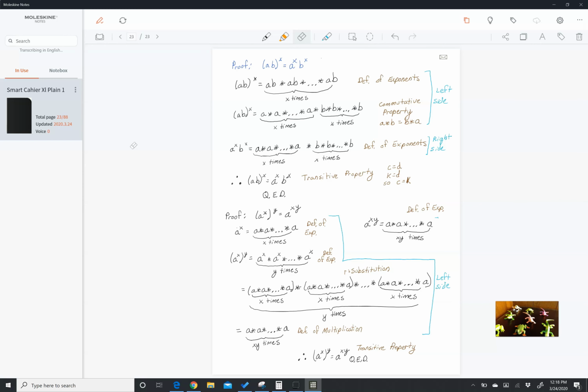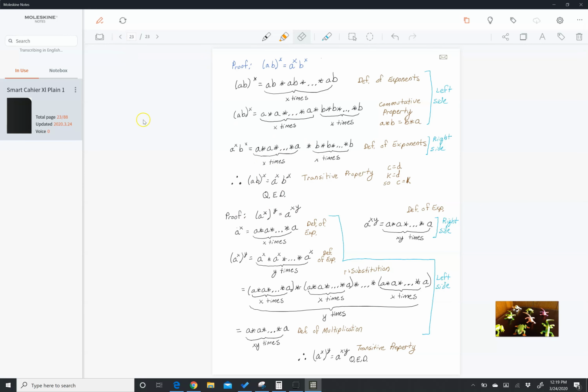And this small section here was your right side. So our right side is equal to our left side. Same thing, right side equals left side, therefore they're equal, transitive property. You can prove all of these other rules in a very similar way.